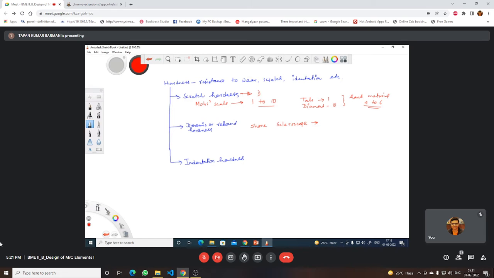Okay, with different shapes, we will get different shapes. And with that indenter, basically we try to apply force on the specimen. Say for example, your specimen is a steel specimen.